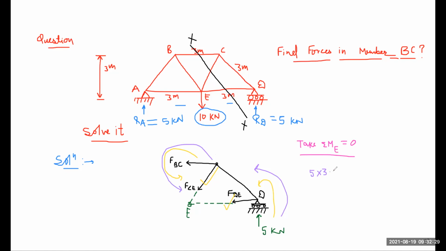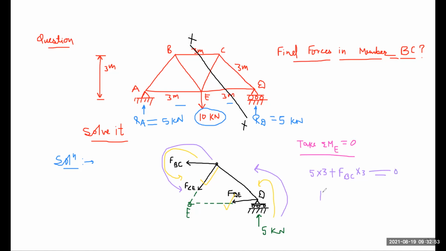So 5 into 3 plus force in BC into the perpendicular distance, that is 3, is equal to 0. So what we get?